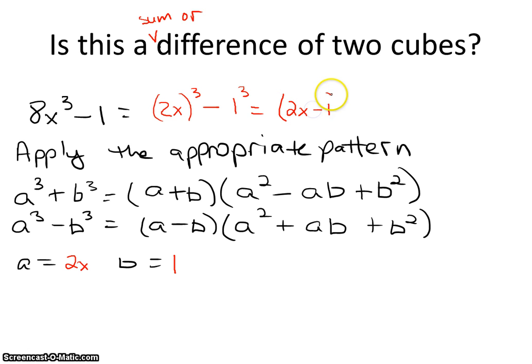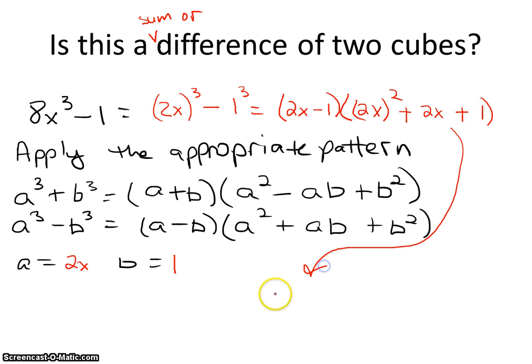And so this becomes 2x minus 1, and then I have 2x, now don't make a mistake here, squared, it's the whole term, plus 2x times, or a times b, which is 2x, because 2x times 1, plus b squared, which is 1. So now I'm going to take this down here and expand it.